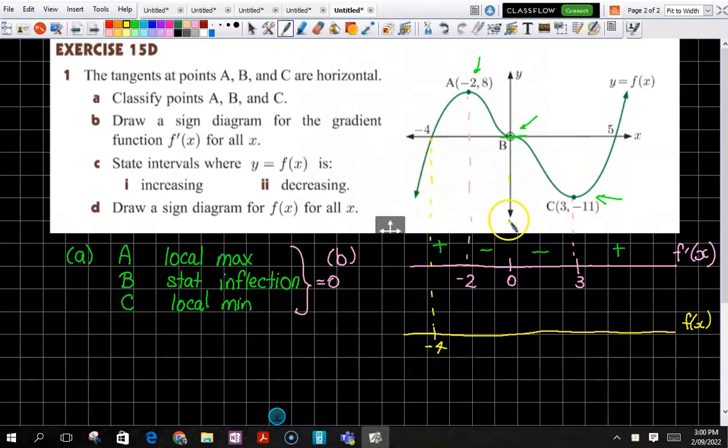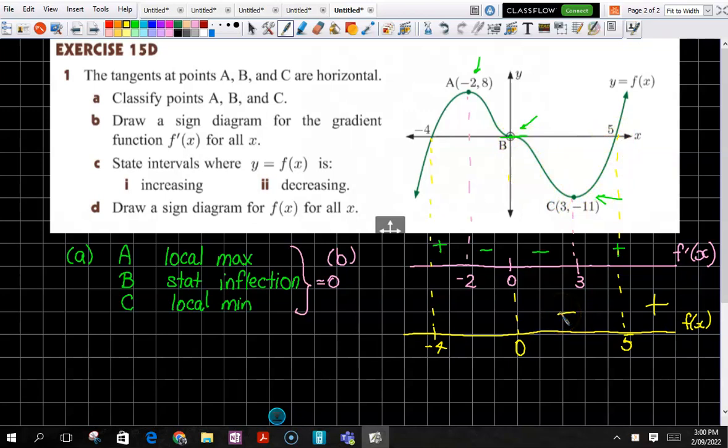Zero again. And 5. And after 5, positive. Between 0 and 5, it's below the graph, so negative.